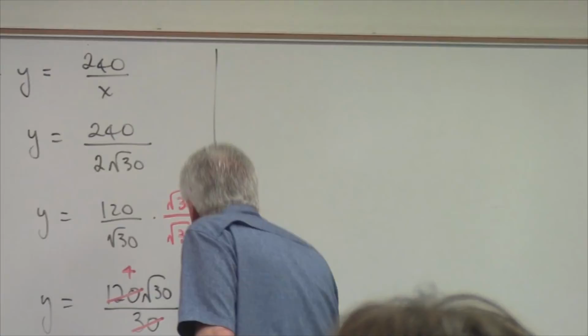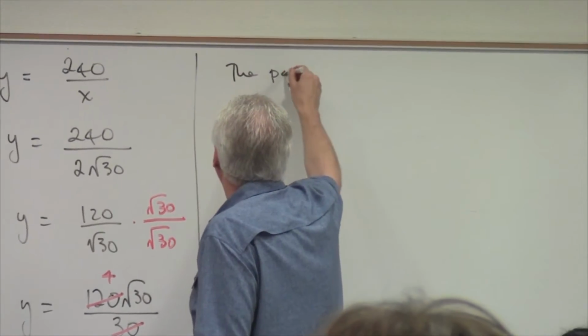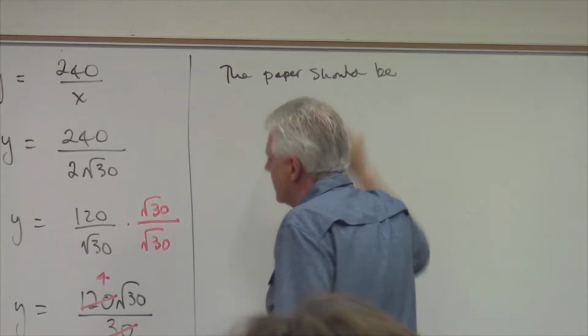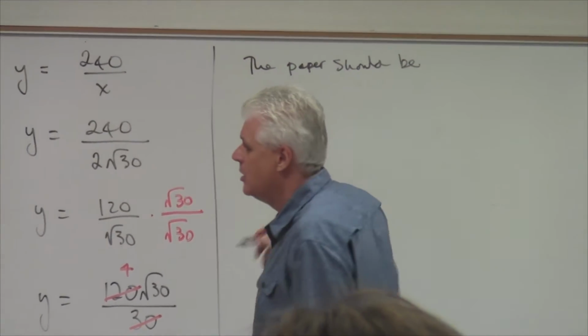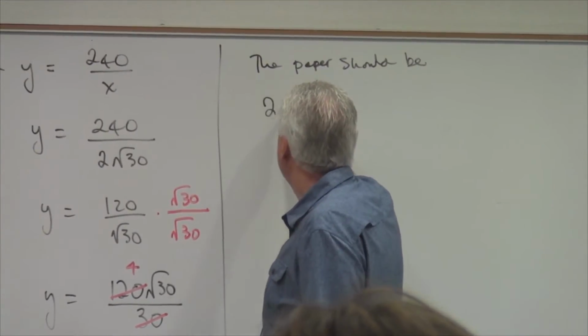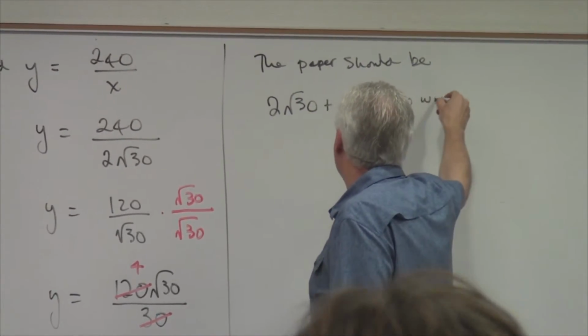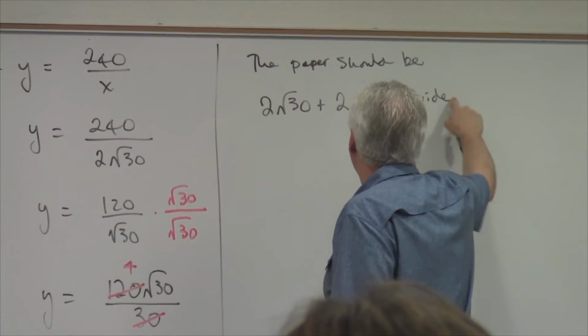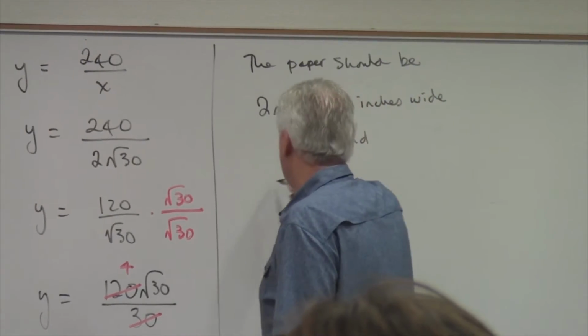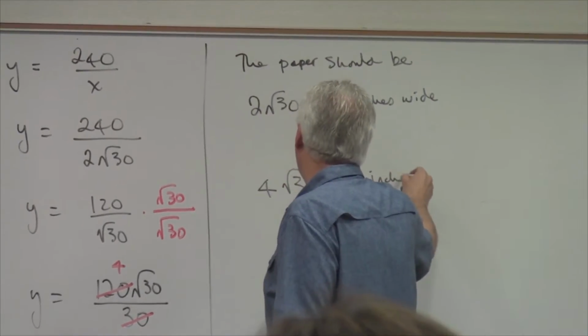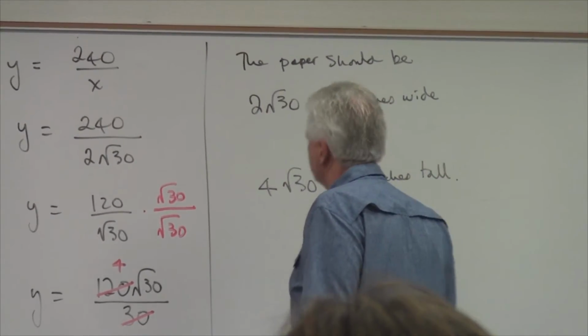Okay, final answers. The paper should be, let's do the width first, 2 root 30 plus 2 inches wide and 4 root 30 plus 4 inches tall.